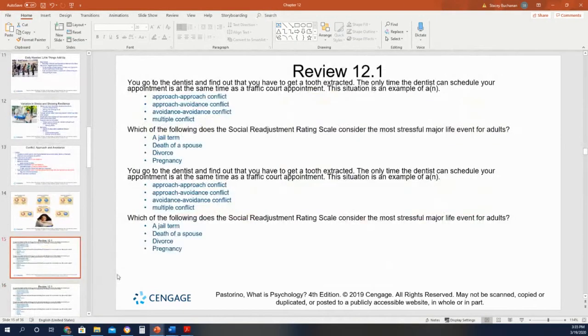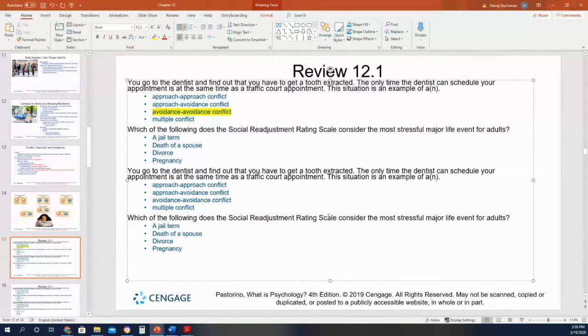So let's go over section 1. You go to a dentist and find out that you have to get a tooth extracted. The only time the dentist can schedule your appointment is the same time as your trial appointment. The situation is an example of avoidance. Those are two things that you don't want to do. I highly doubt you'd want to do both of those things.